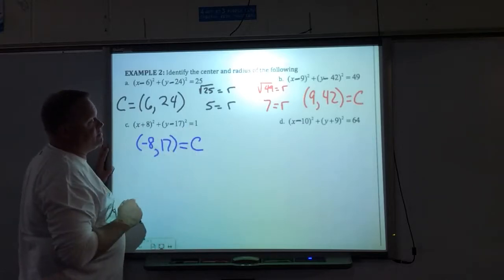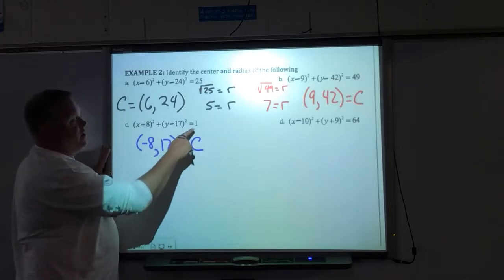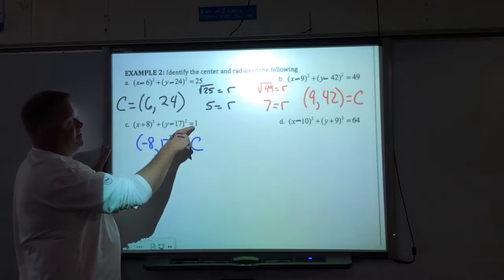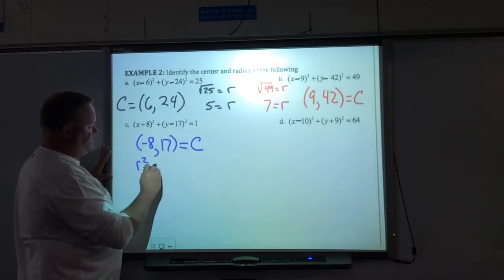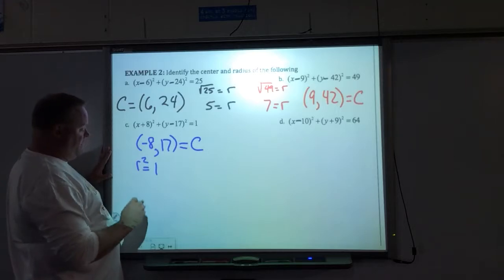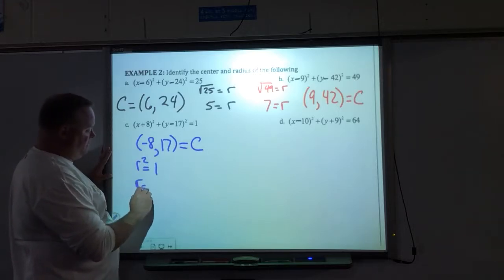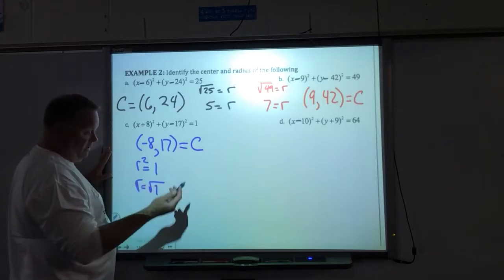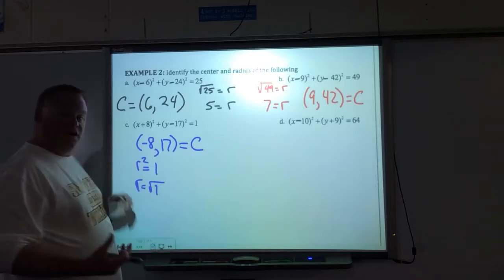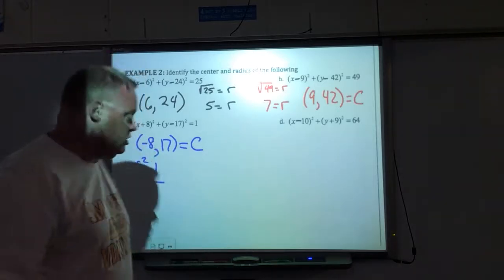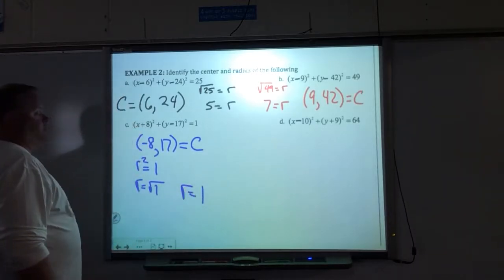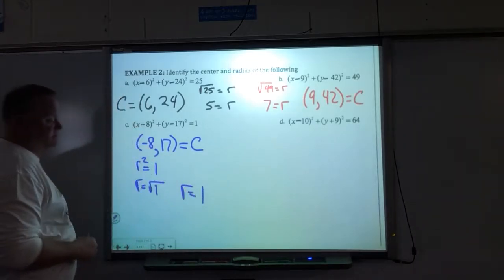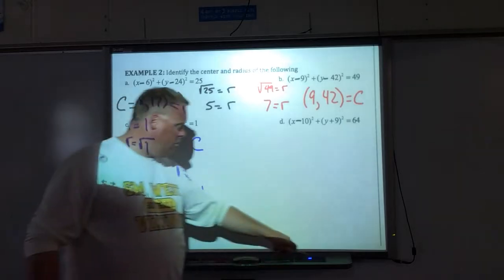And then looking at my radius squared, because it's inside the equation already, the radius squared is equal to 1. So if I want the radius, I've got to find the square root of 1. What is the square root of 1? It's just 1. So my radius is 1 with my center of -8, 17. All right.